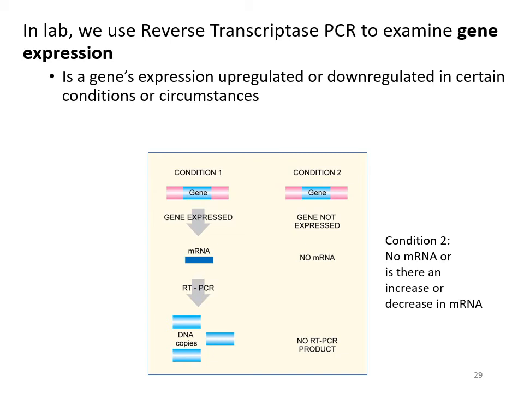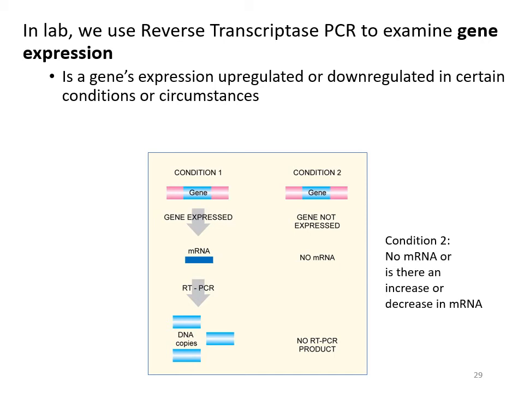When do I have more of that fluorescent final product? So if you see a lot of reverse transcriptase PCR product, that means there was a lot of mRNA present to turn into the DNA and make copies of it. So that means that gene expression was high in that condition.